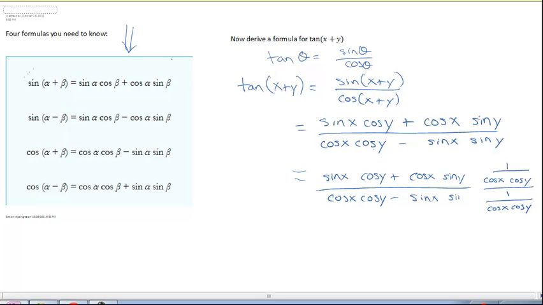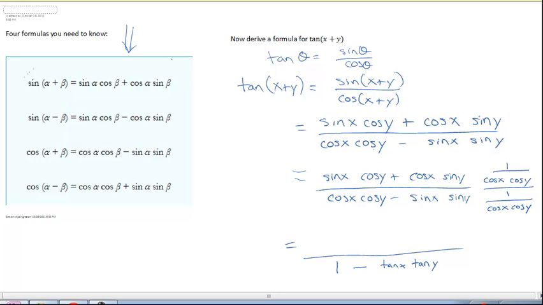Take a look at what happens on the bottom. On the bottom, the very first term, the cosine x cosine y, becomes 1, minus sine x sine y over cosine x cosine y, which can reduce to tan x tan y. Now it's a nice simple bottom, much easier than we had before.